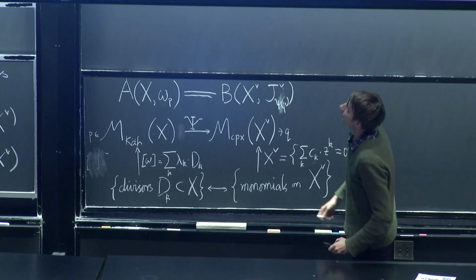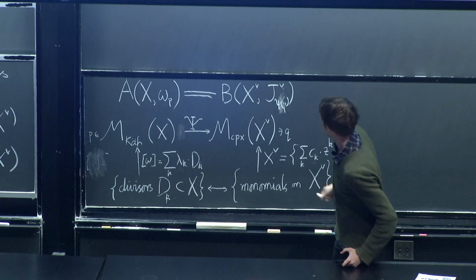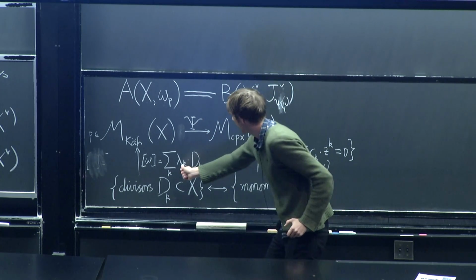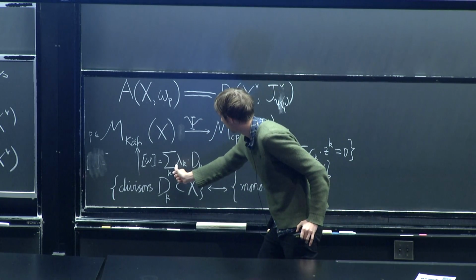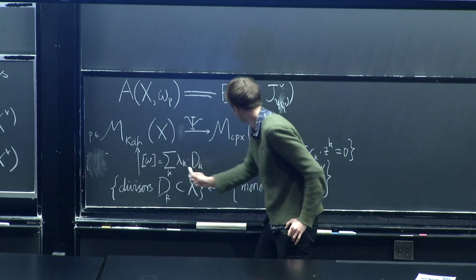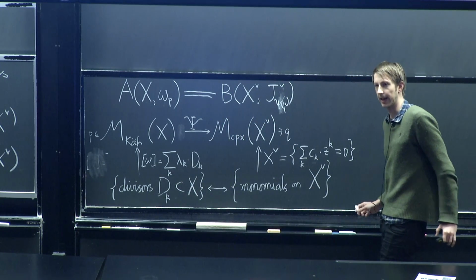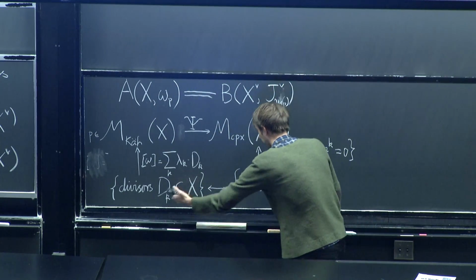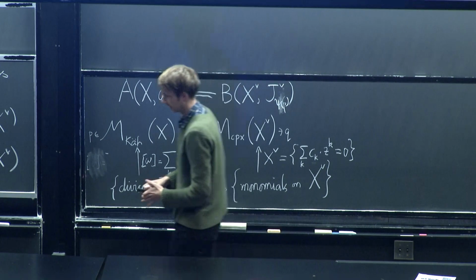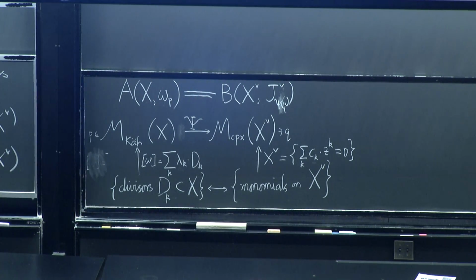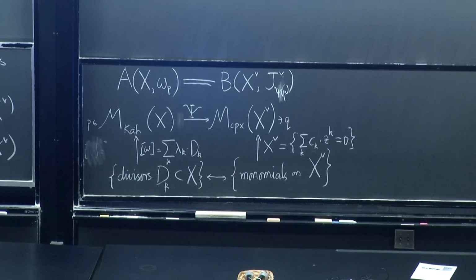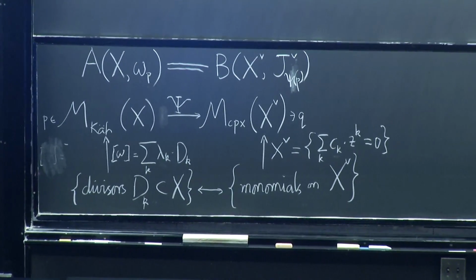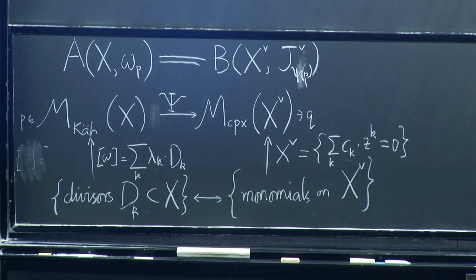And this mirror map psi, at least to leading order, identifies these parameters lambda k with these parameters ck. So this correspondence between divisors and monomials is a really helpful way of seeing how the symplectic or Kähler parameters on X correspond to the complex parameters on the mirror X check.